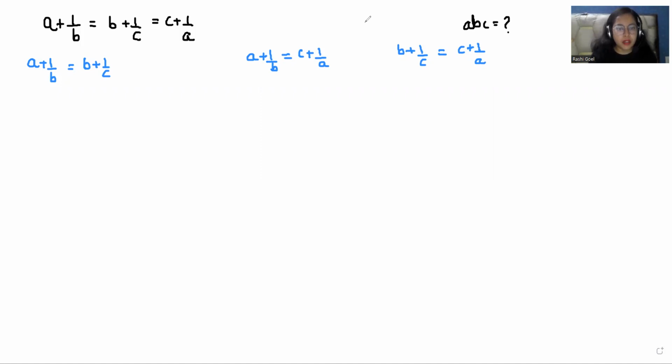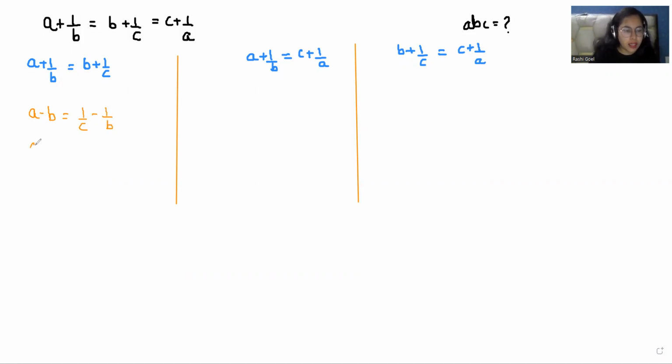Now I'm separating this and solving. In the first case, I'll separate the terms: a minus b variable here, and the fraction comes to the other side.